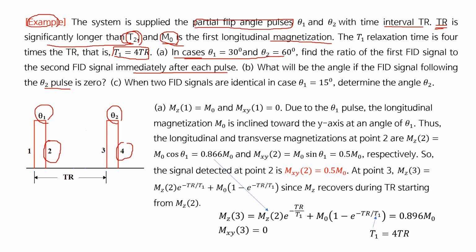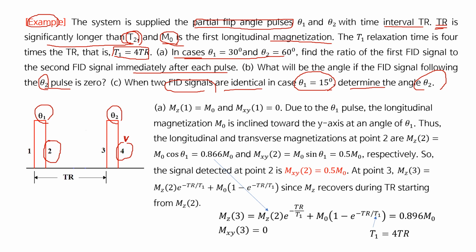So in this question, find theta 2 in case there's no signal here, the second signal. Question C, when two FID signals are identical, in case theta 1 equals 50 degrees, determine the angle theta 2.